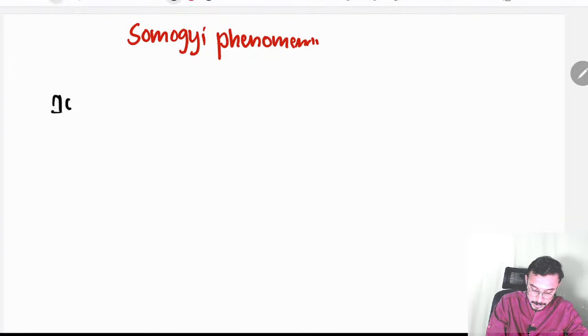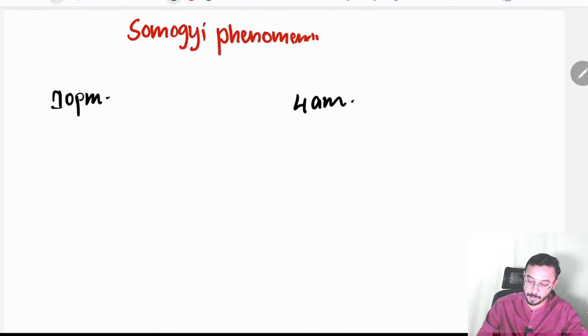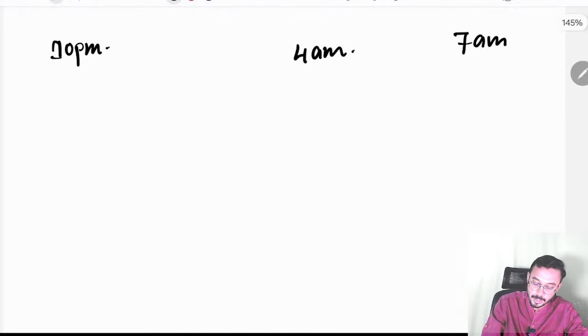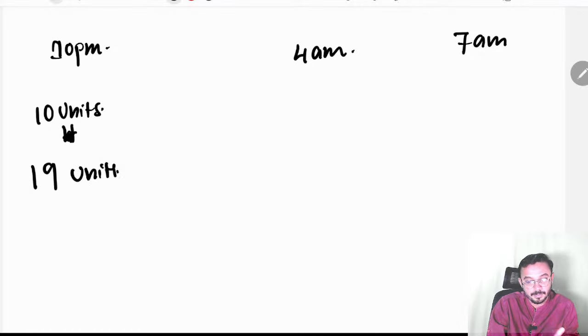So this is night 10 p.m., this is early morning 4 a.m. or late night hypoglycemia, and here it is early morning, 7 a.m. I have ordered 10 units of insulin for type 1 diabetes mellitus, and the mother read this 10 as 19, and she gave 19 units of insulin to the kid.